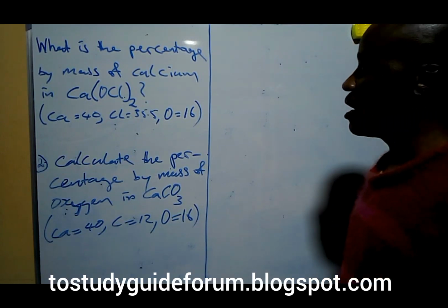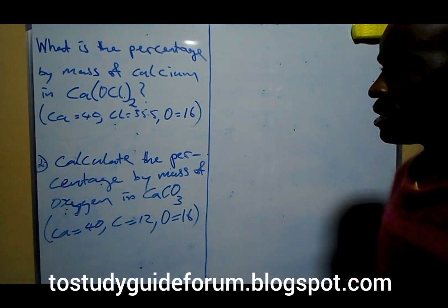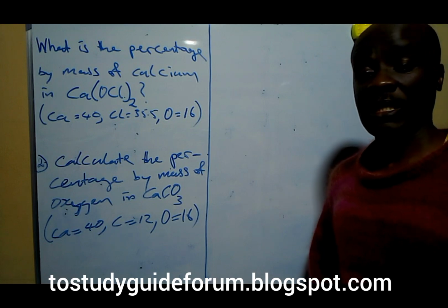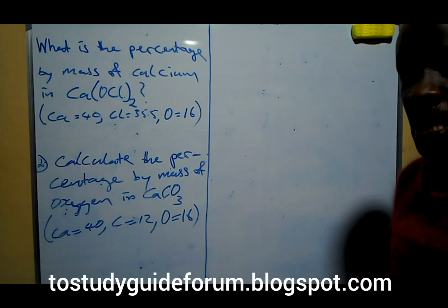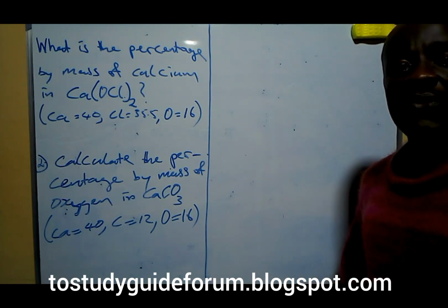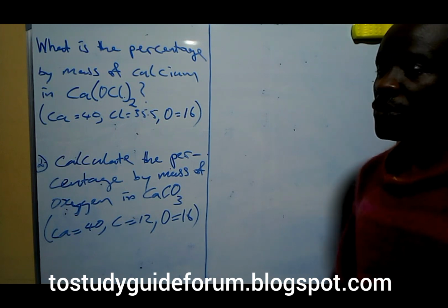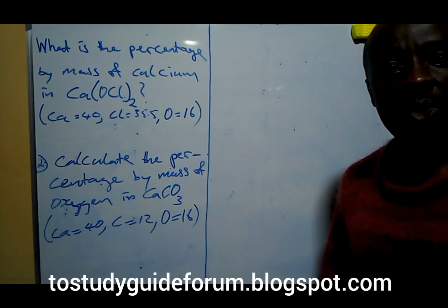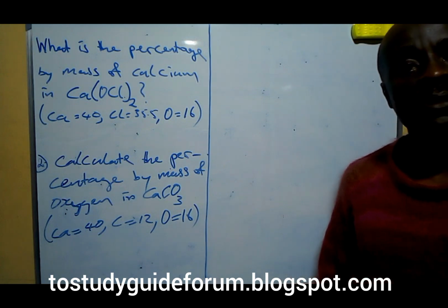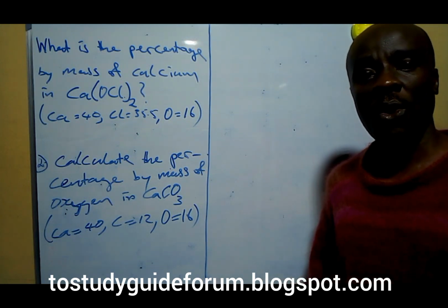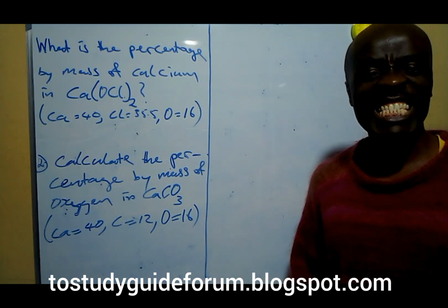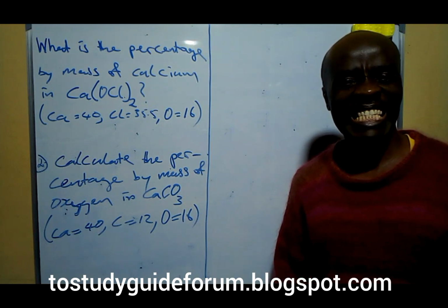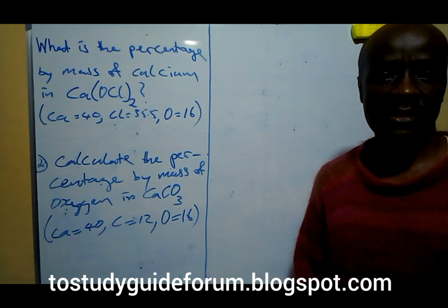We are going to be looking at how to calculate the percentage by mass. We know that the mass of 1 mole of a compound is equal to the masses of moles of each of the component elements.